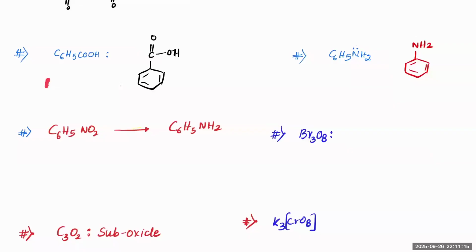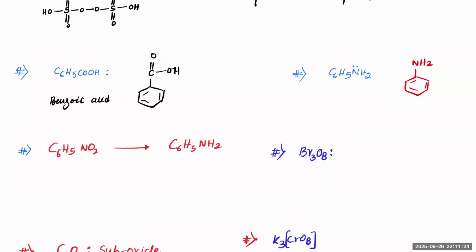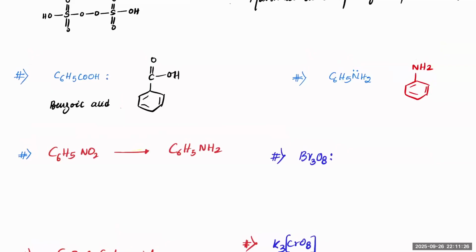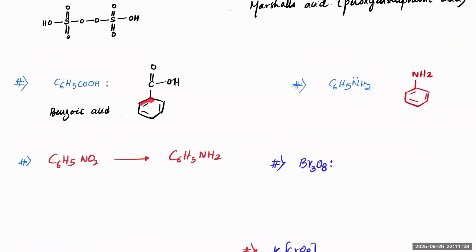This one is benzoic acid. Again, this is one acid which will be coming very frequently in this topic. So, in benzoic acid, you will have a benzene group connected to COOH. So, you can simply check carbon is losing one electron here, two electrons here. So, that means the oxidation state here is +3.